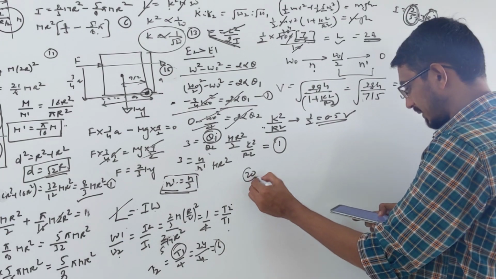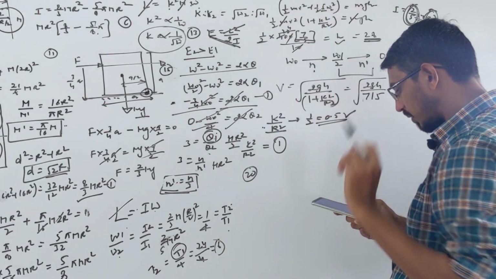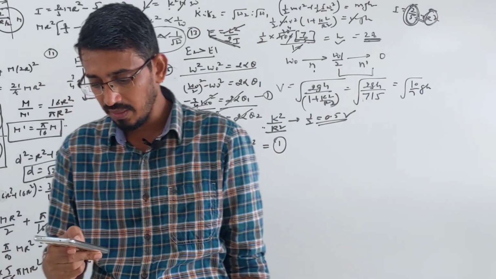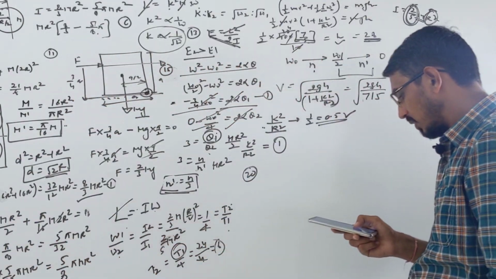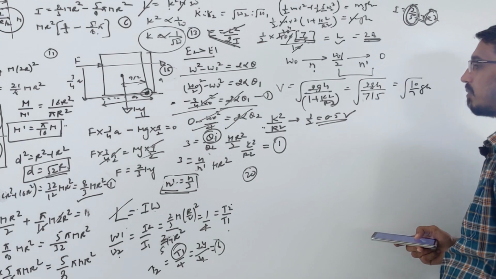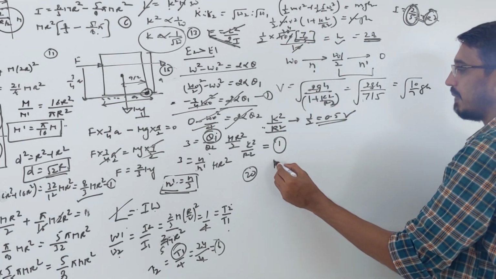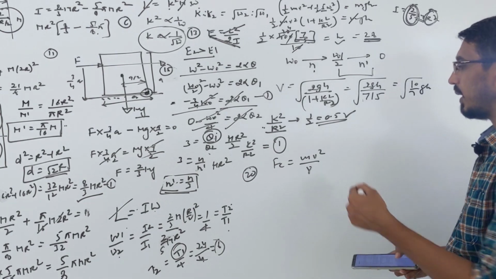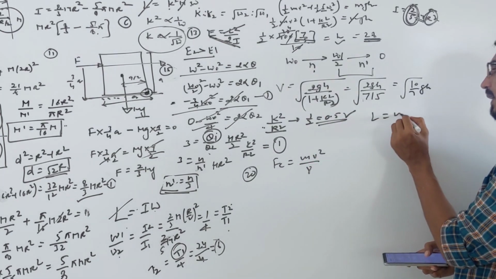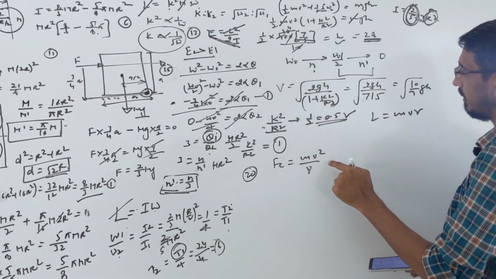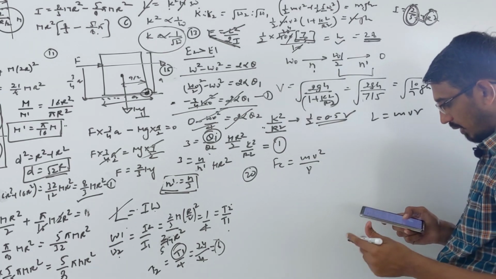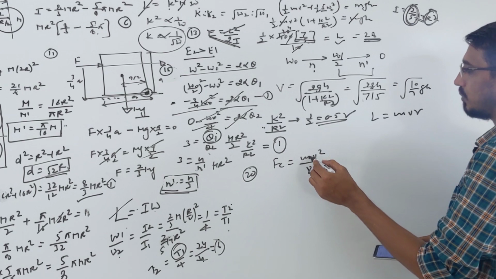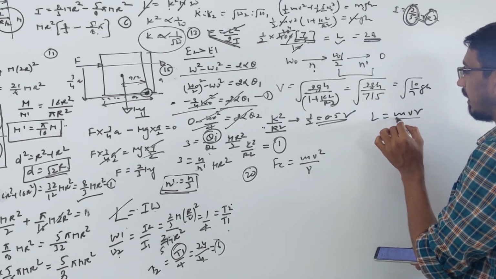Question number 20: a particle of mass m rotating in a plane circular path of radius r has angular momentum L. The centripetal force acting on the particle is what? They are asking the centripetal force in terms of angular momentum. The centripetal force formula is F equals mv square by r. Angular momentum can be written as mvr. In the options everywhere they give L square, so we need the square of mvr.